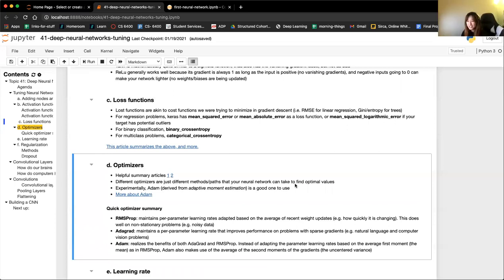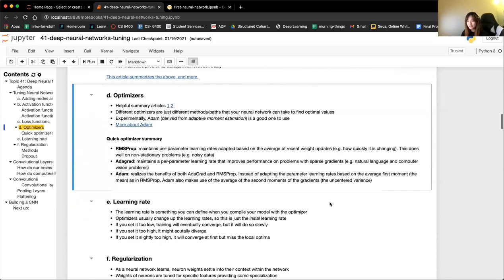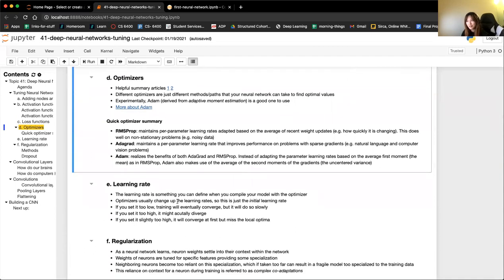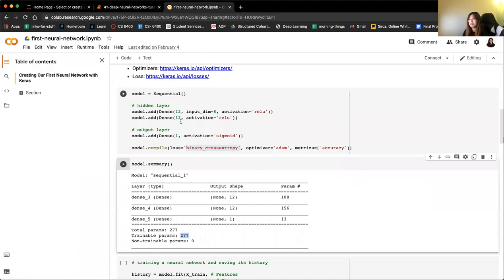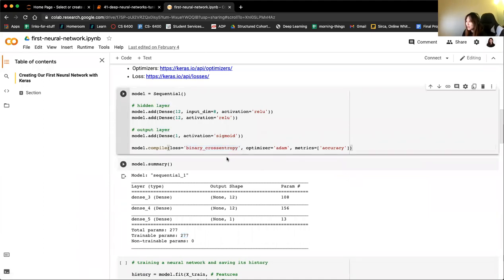All right, so the next section is also about learning rate, but you'll see why we talk about this separately. With learning rate, you can actually define your learning rate when you compile your model with the optimizer. I didn't do this here because it's done by default. But I think there's a way to include a learning rate with the optimizer here.